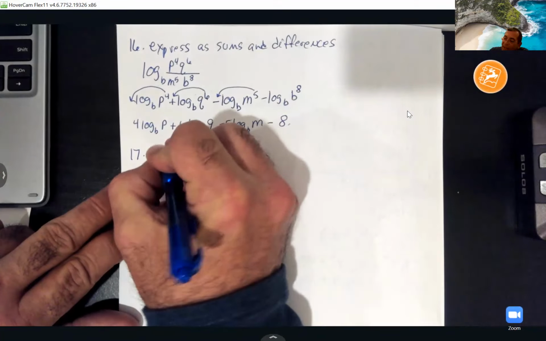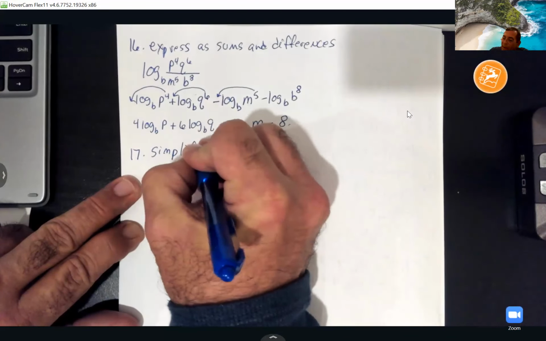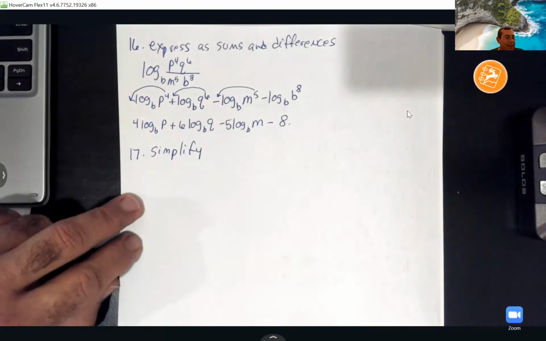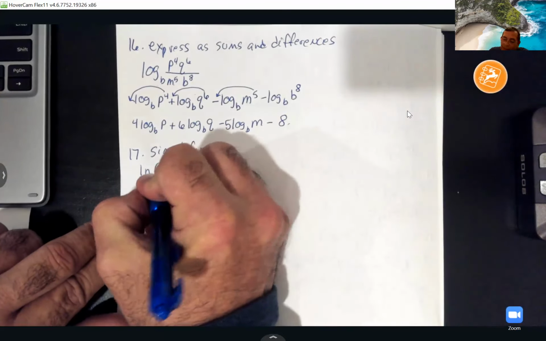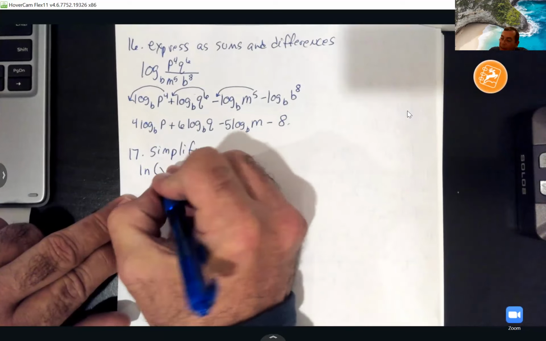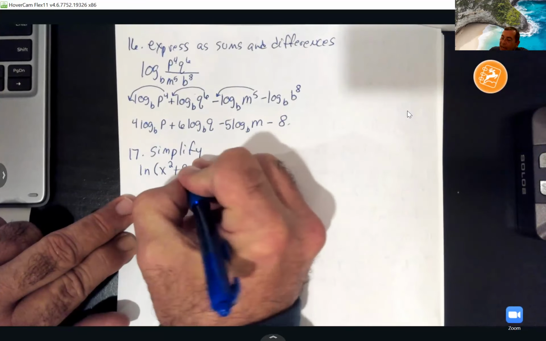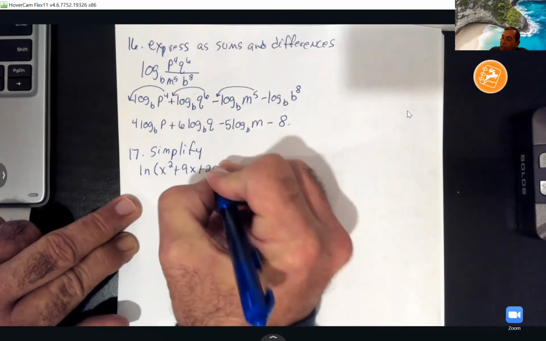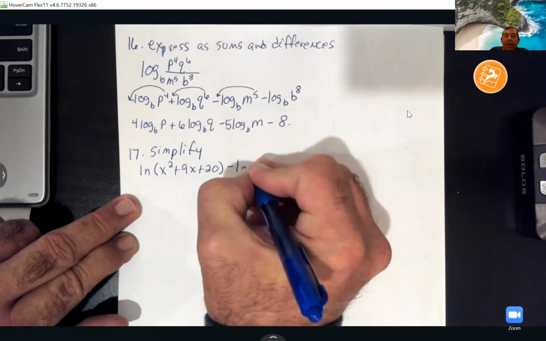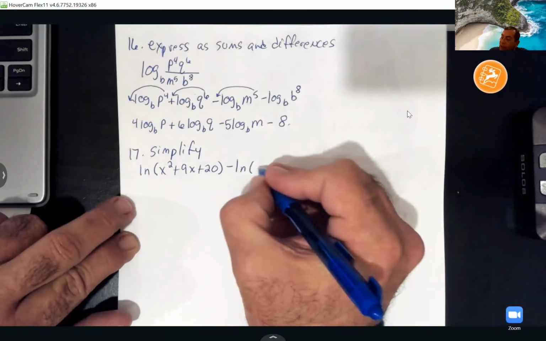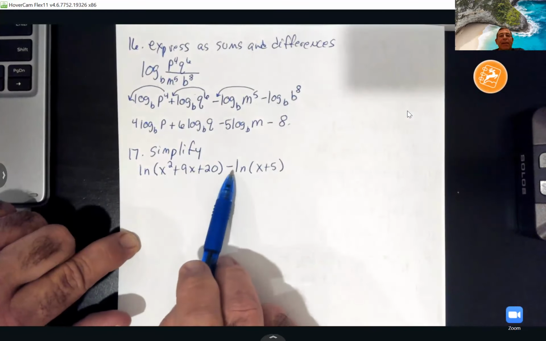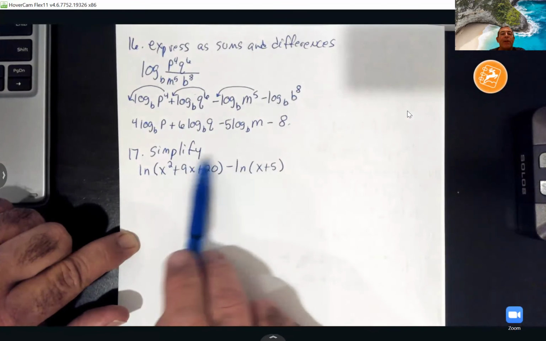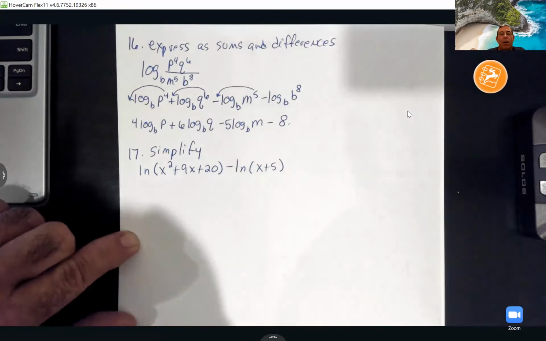All right, then we get to simplify a few of these now. So 17, I've got ln of x squared plus 9x plus 20 minus the ln of x plus 5. So y'all, to simplify this, the first thing is to rewrite this as a single log.